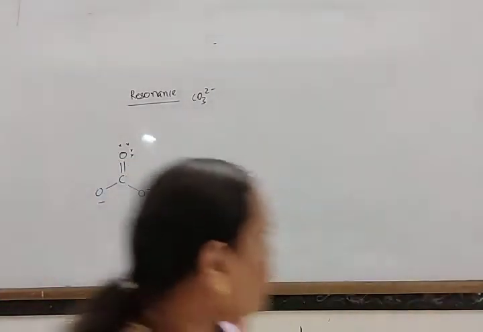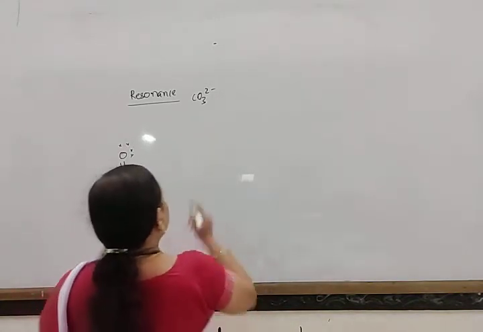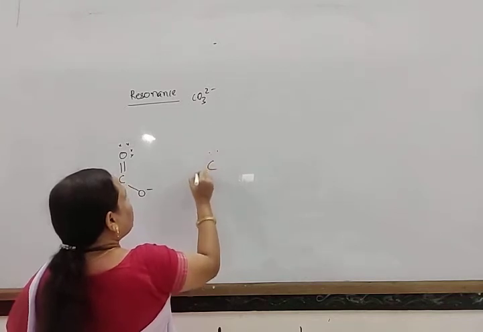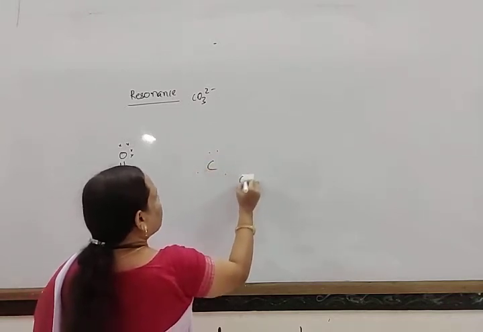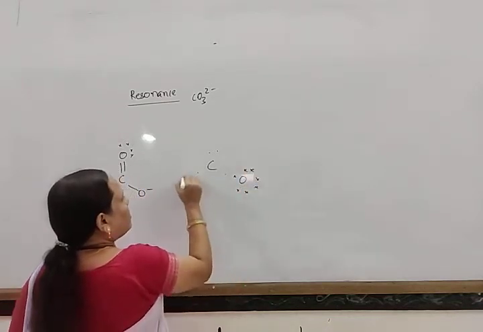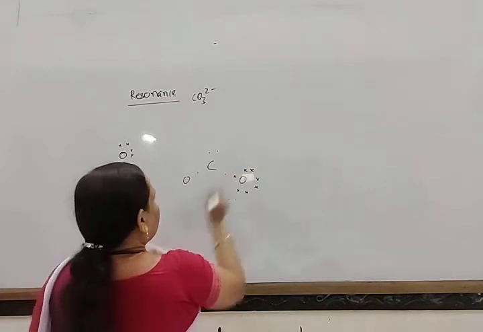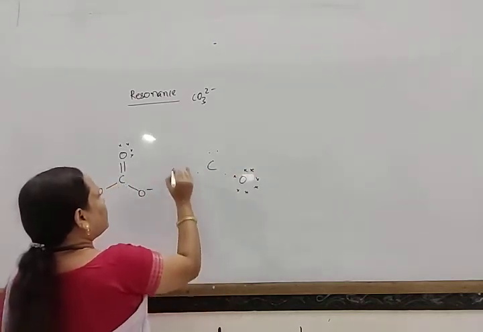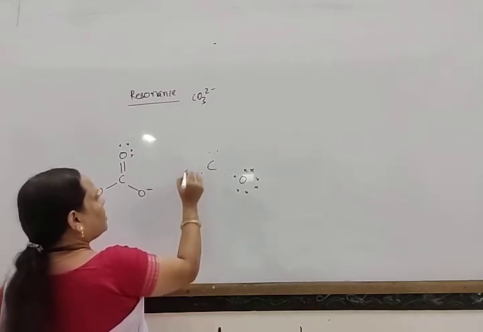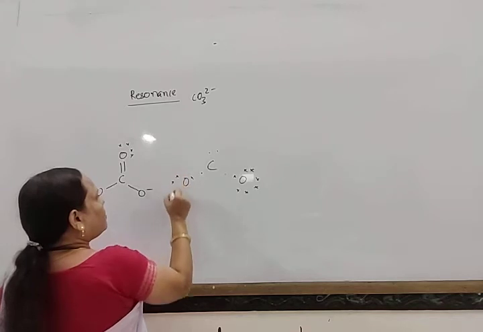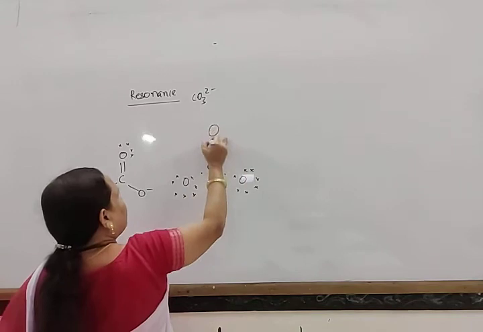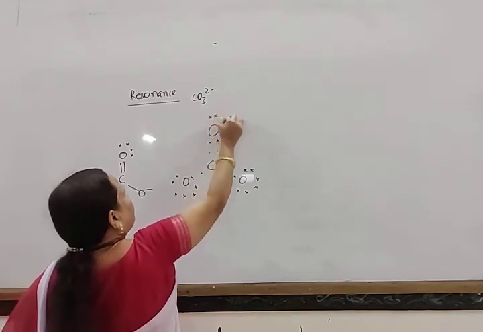I can write the resonance structure of carbonate ion like this. C, so 1, 2, 3, 4, and oxygen 1, 2, 3, 4, 5, 6, and an oxygen that is O minus here, and another oxygen that is also O minus. 1, 2, 3, 4, 5, 6, and this one oxygen 1, 2, 3, 4, 5, 6.